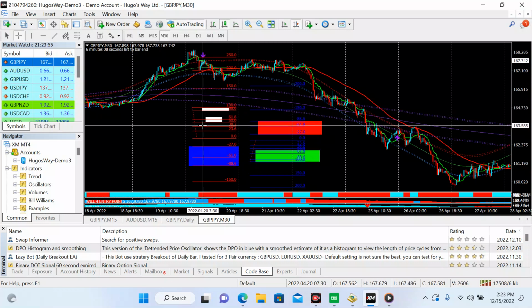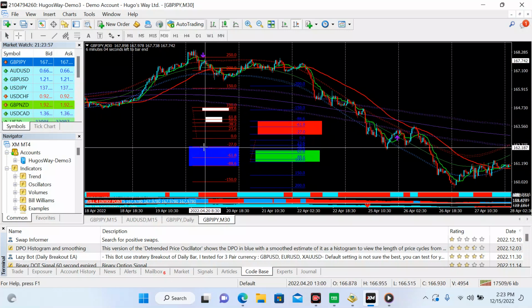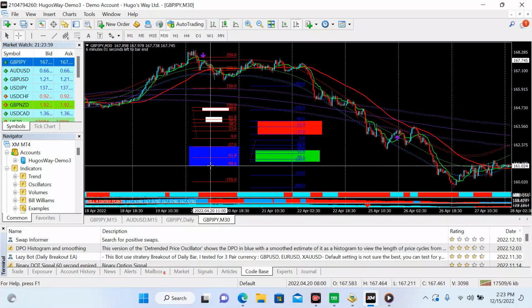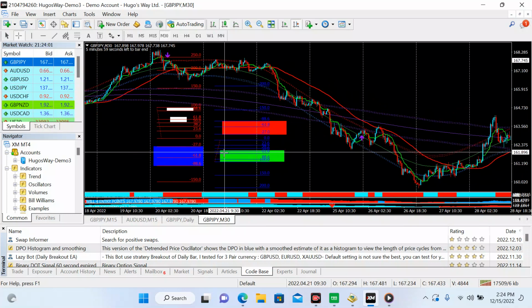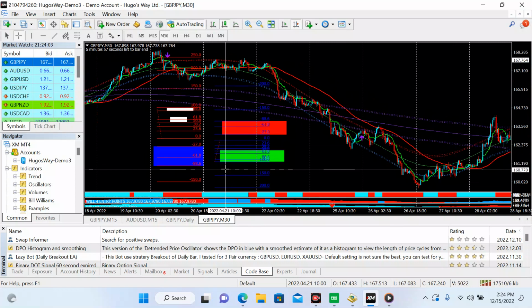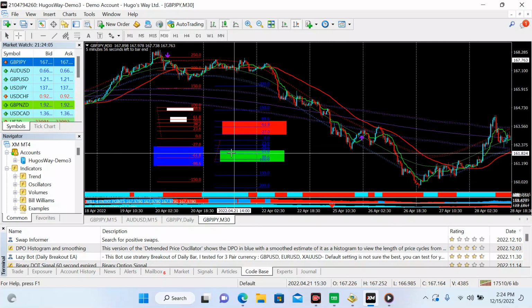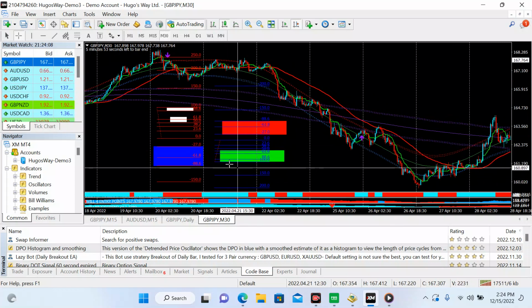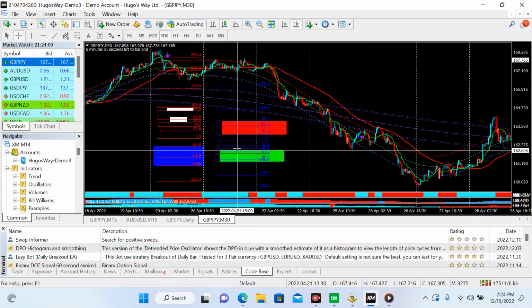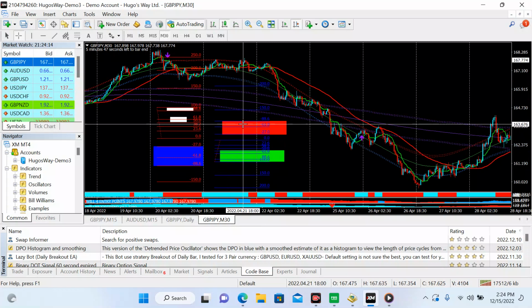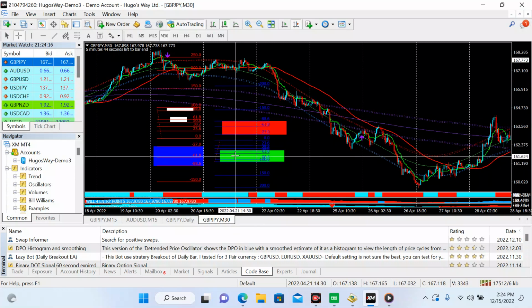My buy areas on the seller's Fibonacci are negative 27, negative 61, negative 88.6. On a bullish Fibonacci, my buy areas are 61.8, 88.6, or the 100. On a bullish Fibonacci, my sell areas are negative 27, negative 61, negative 88.6.